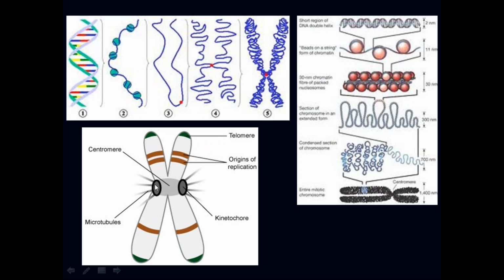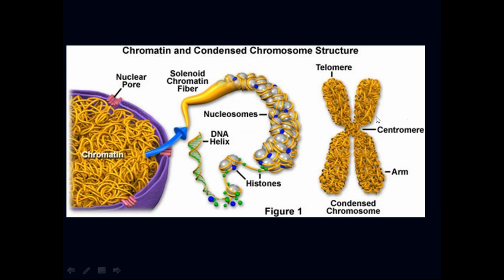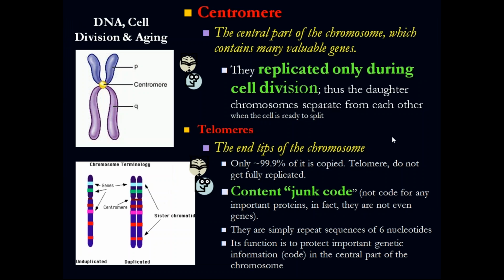What we have here in the centromere is DNA. We call it junk information, but it's not really junk, because this DNA in the centromere has some activity to produce some protection for the other parts of the DNA. So to be clear, the centromere is divided during the cell division.